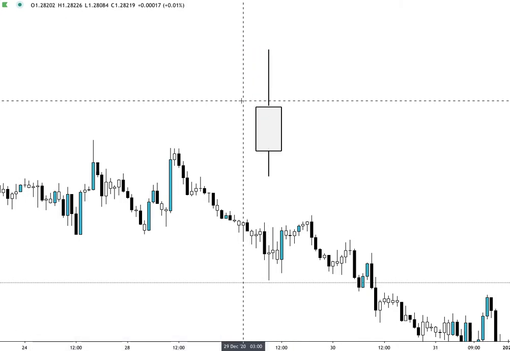But if it's more than 50%, then it's not a basing candle, but it still can be a base, depending on where it's located, right? Now, another rule to consider is there cannot be more than 6 basing candles at your level. Why is that? Because that's too much trading in the area and that drops the quality of the level, right?